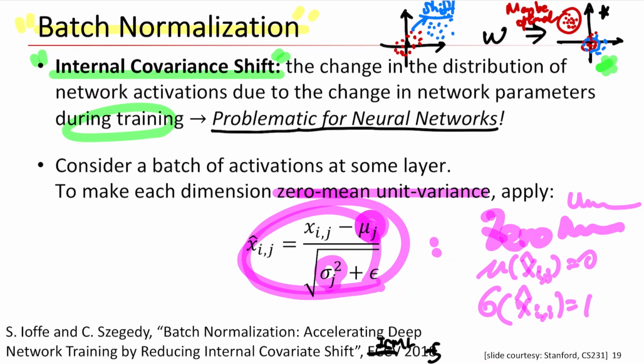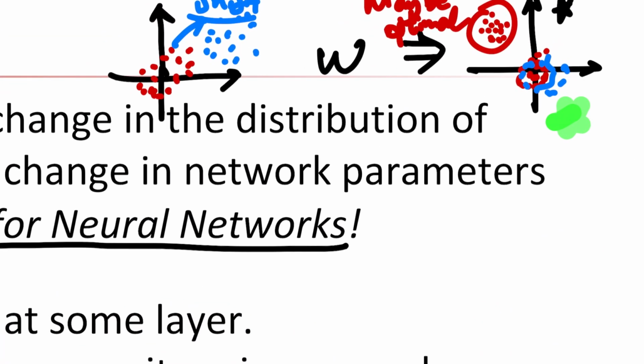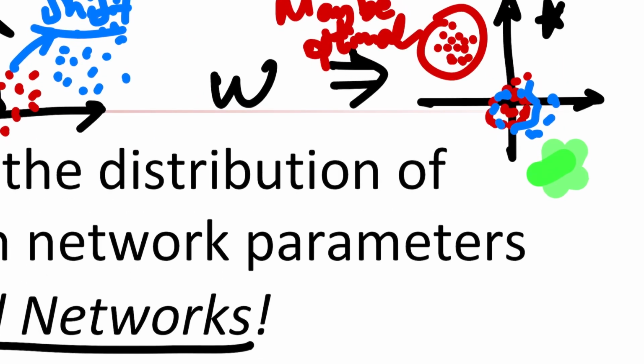Okay, so if we go back to the starting point, we want to solve the internal covariate shift problem. But if we try to make the input vector x zero mean and unit variance, there might not be the optimal training parameter like here.